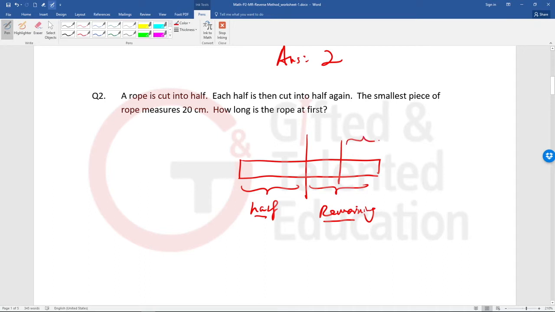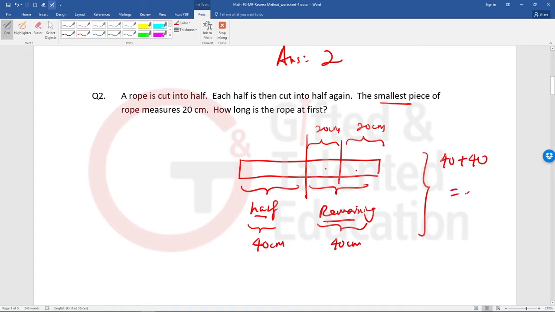So the smallest piece measures 20 cm. Since this and this are the same, this must also be 20 cm. From here, we see that the remaining piece is equals to 40 cm. This is equals to this, so this is also equals to 40 cm. Therefore, the length of the rope at first is equals to 40 plus 40, giving us 80 cm.